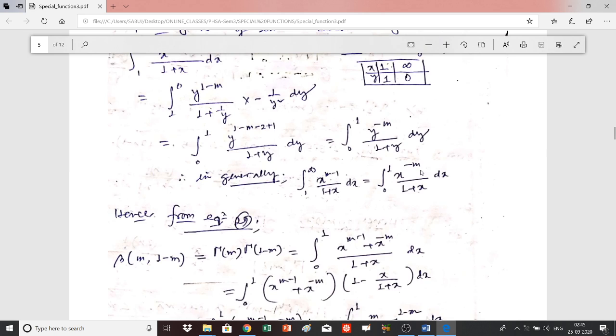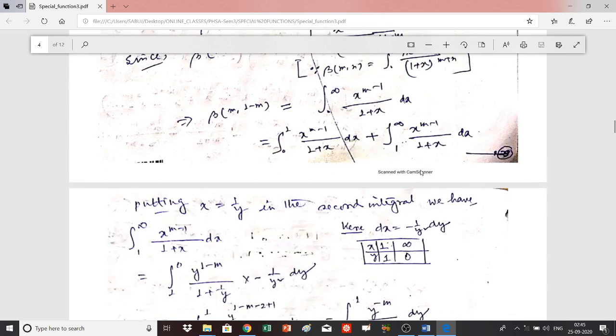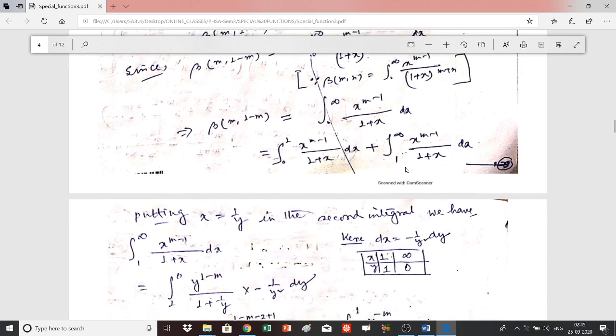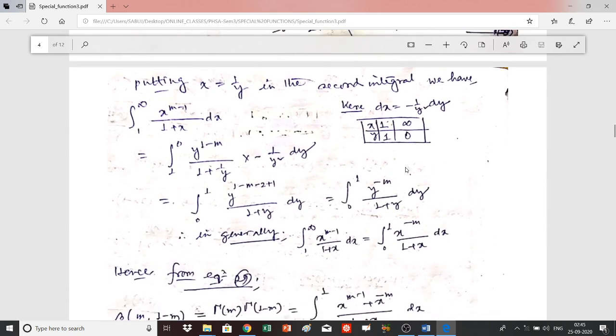So now from equation number 29, what was there? That was beta m, 1 minus m is equal to these two functions. So the first one will be unaltered, and the second one can be converted into these limits, that is 0 to 1.